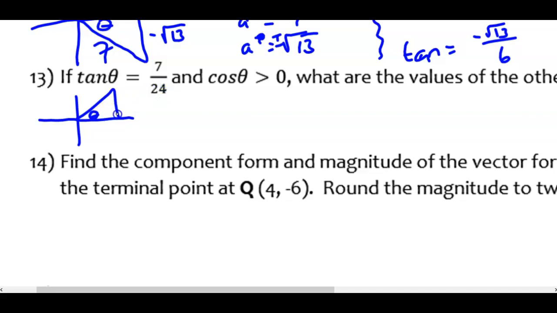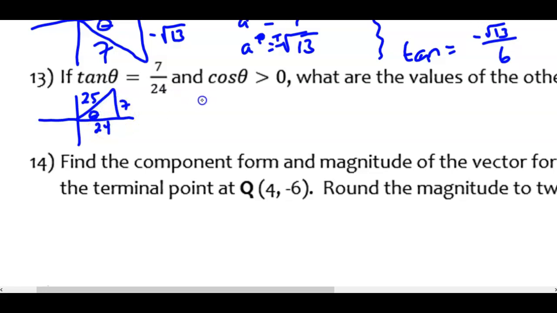So you have tangent, opposite over adjacent. And again, we have to use the Pythagorean theorem: a squared plus b squared is c squared. 625 is 25 squared.